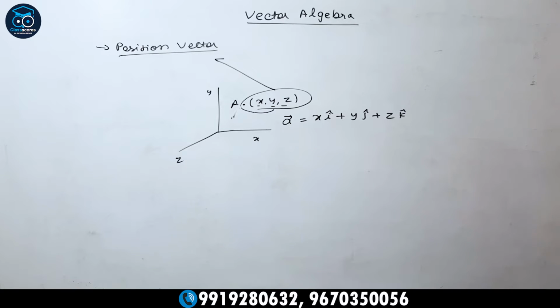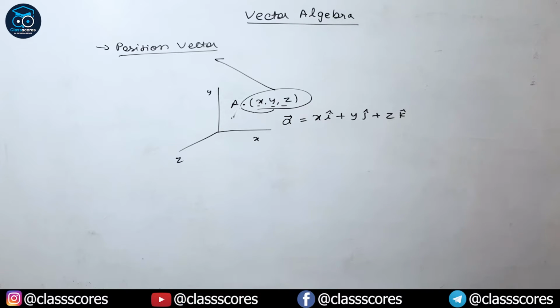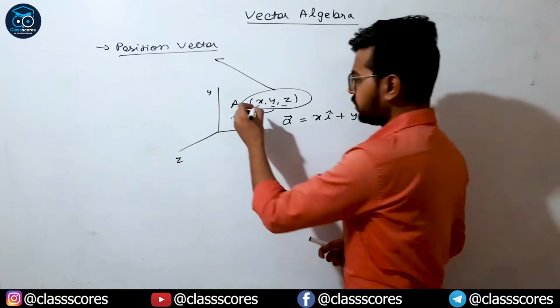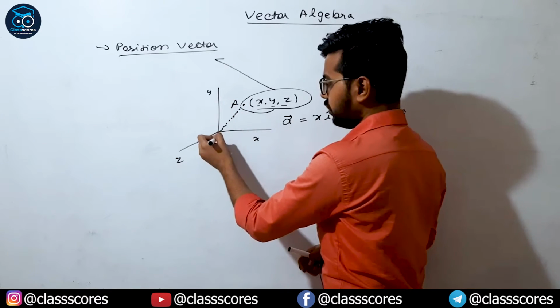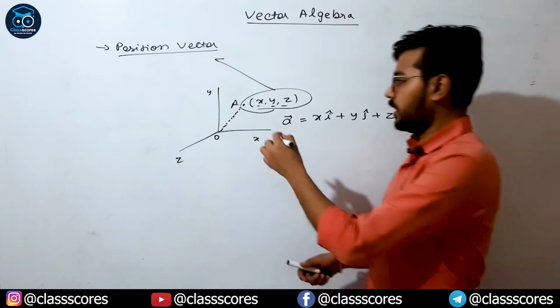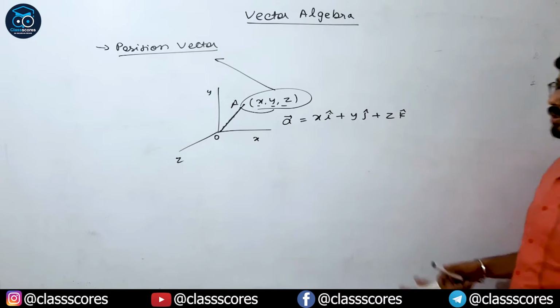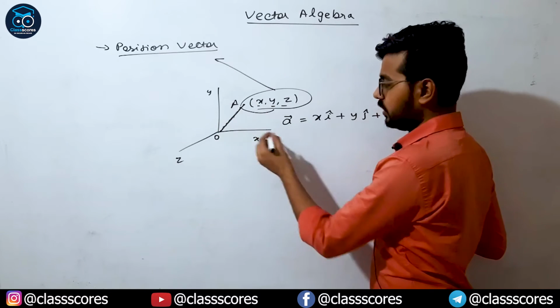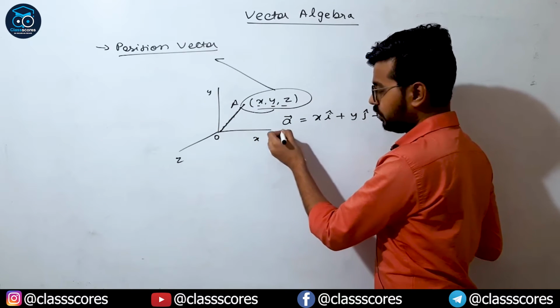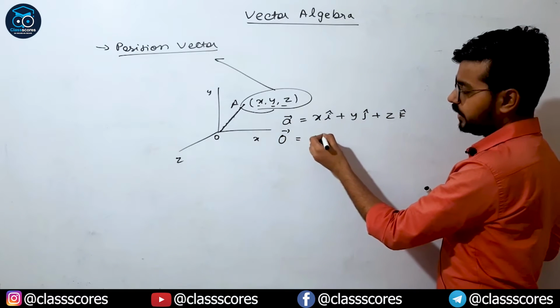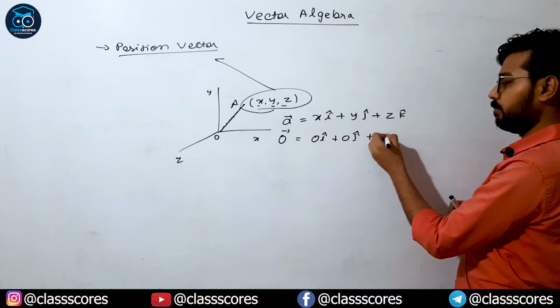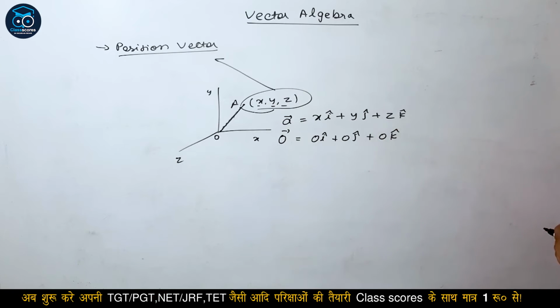Now the second topic is to find the magnitude of a vector. How can we find the magnitude of this vector? Let's suppose we connect this point with O, and we need to find the distance from the origin. First of all we need to find the length of this. We know very well the coordinates of the origin are 0 i cap plus 0 j cap plus 0 k cap. Clear?